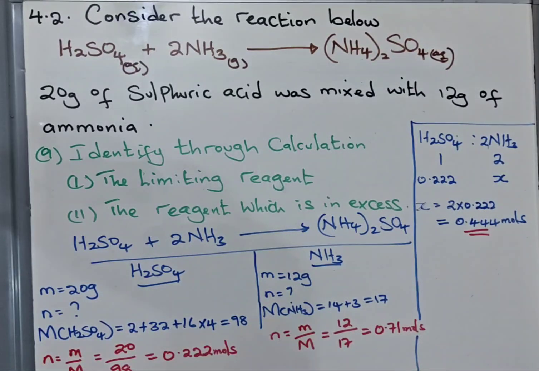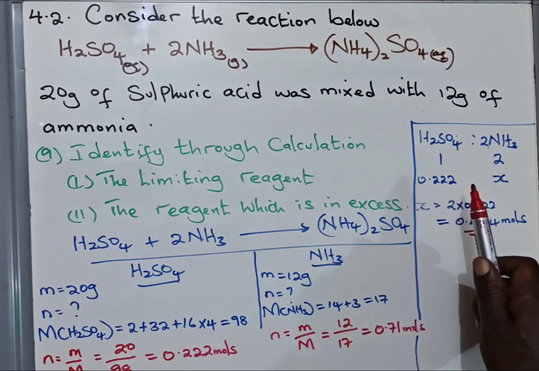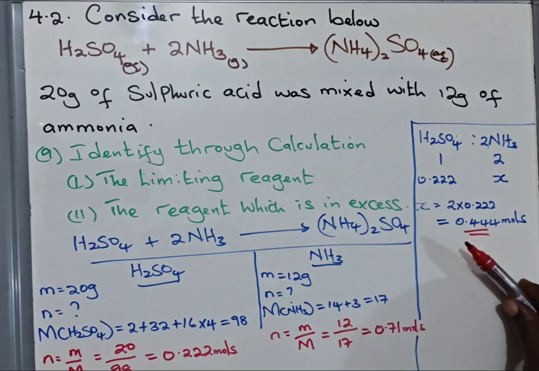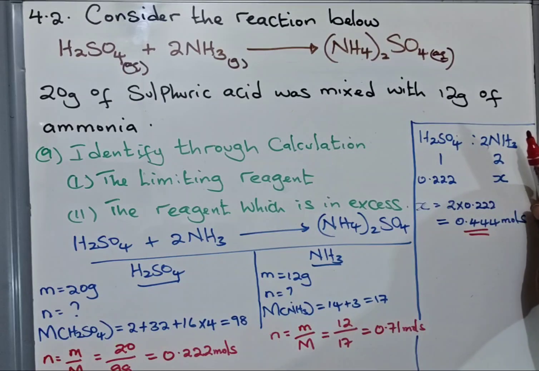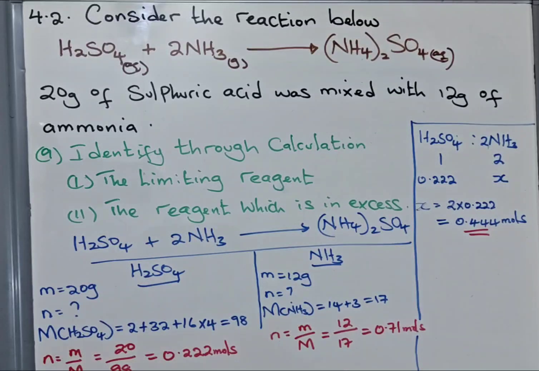Okay, let me interpret this. If you react 0.22 moles of sulfuric acid, you'll need 0.44 moles of ammonia according to the ratios. Then we go for ammonia for determination.